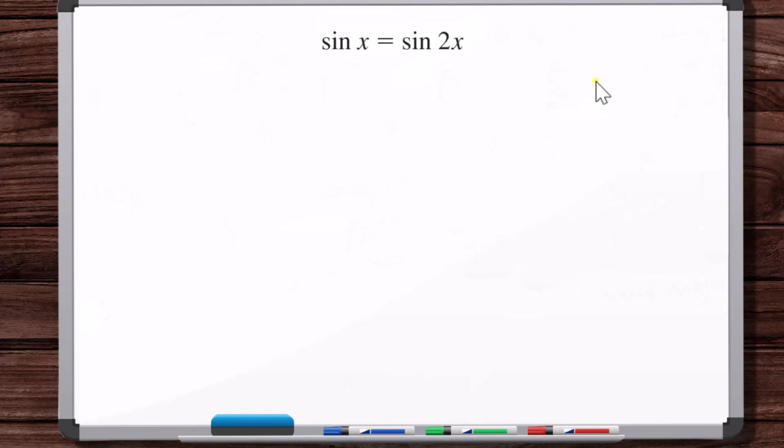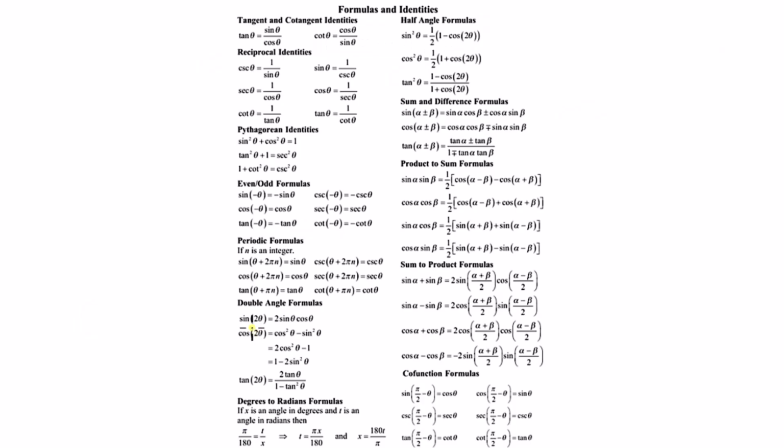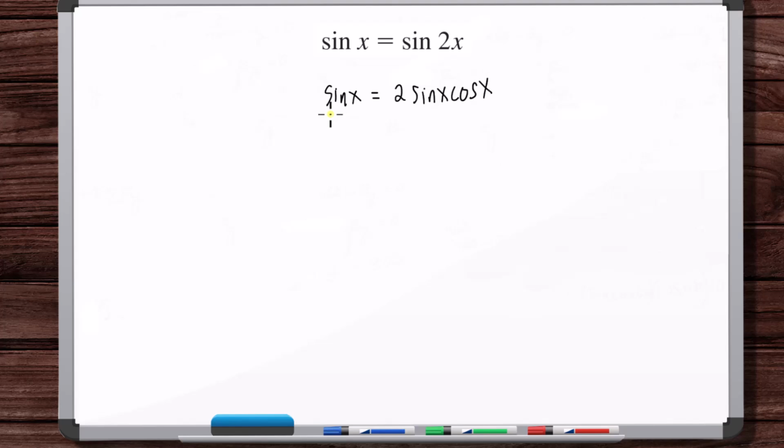Okay, now what do we do here? In this scenario, we need to think about, let's convert this to all single angle. And then we'll have a regular trig equation with all single angle that we learned how to solve at the beginning of the video. So sine of 2x is 2 sine x cosine x. Okay, so now what do we do? Well, we're not going to divide both sides by sine x.